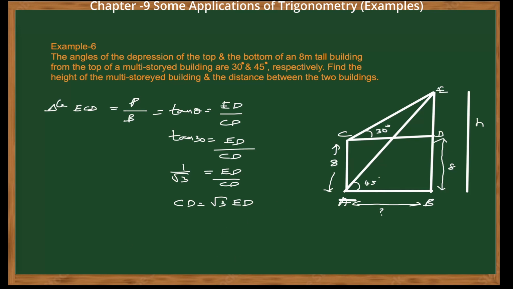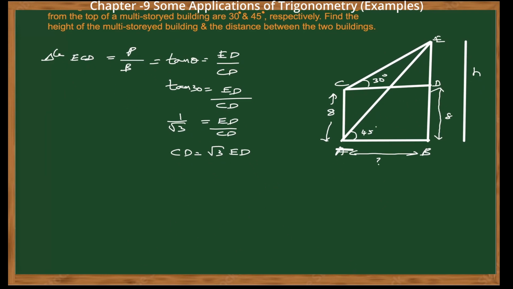Let's take some space here. From triangle AEB, we have the same perpendicular by base, which is tan. Here we know the angle is 45 degrees.